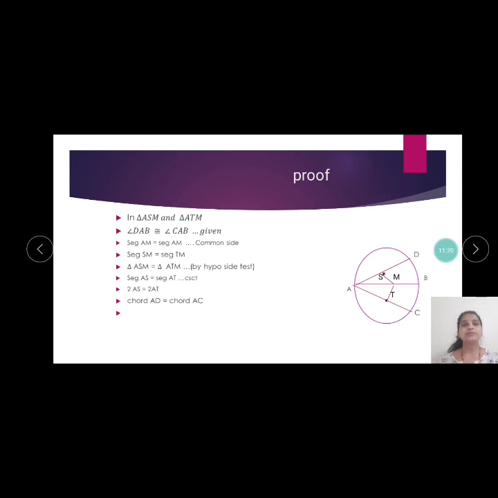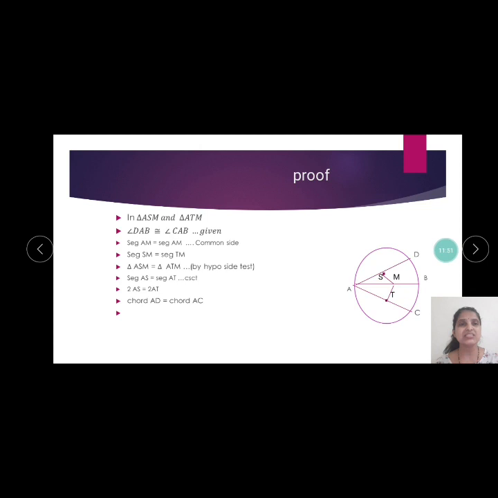So the two triangles are congruent by the hypotenuse side test. From this, AS is equal to AT, corresponding sides of congruent triangles. As AS is equal to AT, 2 times AS will be equal to 2 times AT. Therefore, 2 times AS is chord AD, and 2 times AT is chord AC.